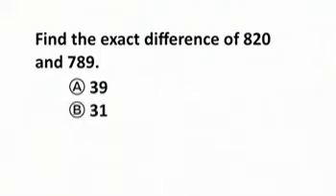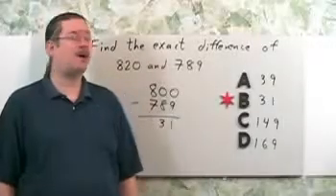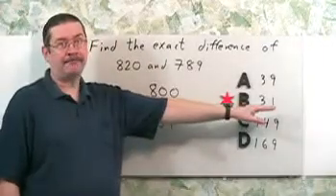Find the exact difference of 820 and 789. The answer for this problem is B, 31.